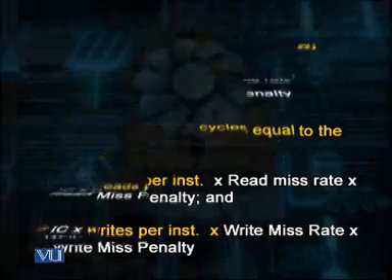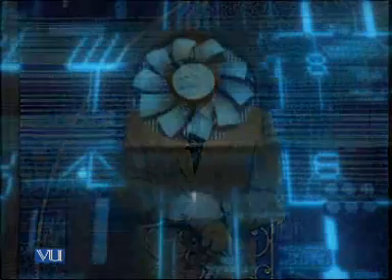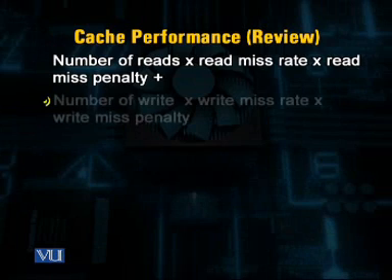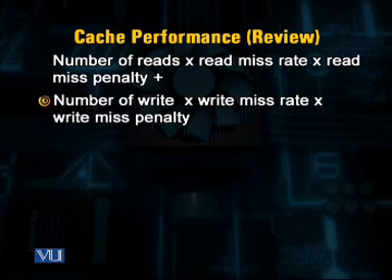Or we can rewrite this expression for the memory stall cycles as number of reads multiplied by read miss rate multiplied by read miss penalty, plus number of writes multiplied by write miss rate multiplied by write miss penalty.